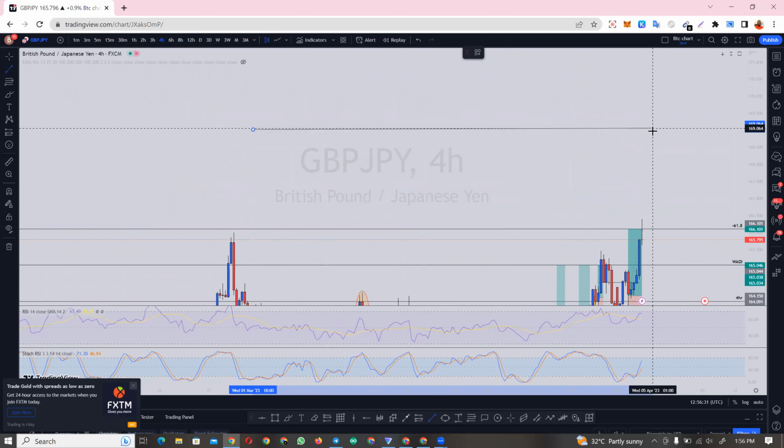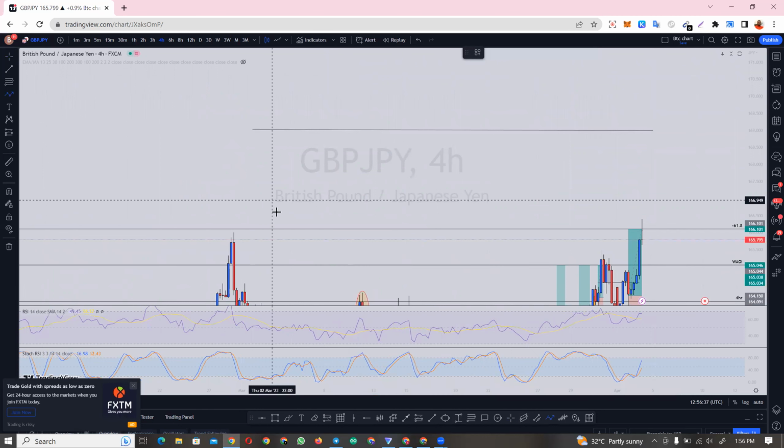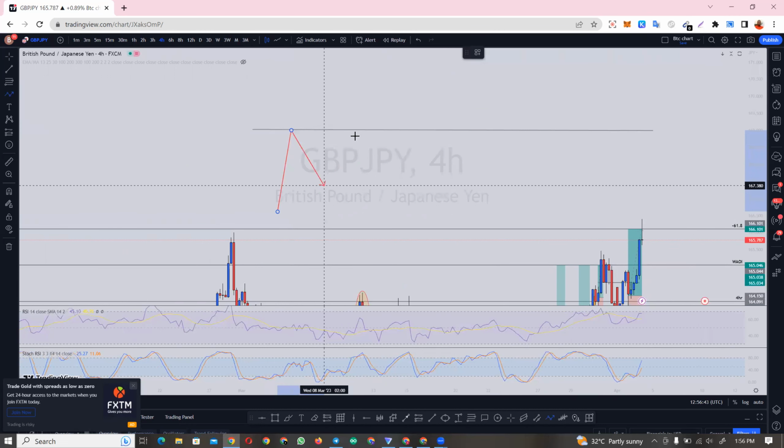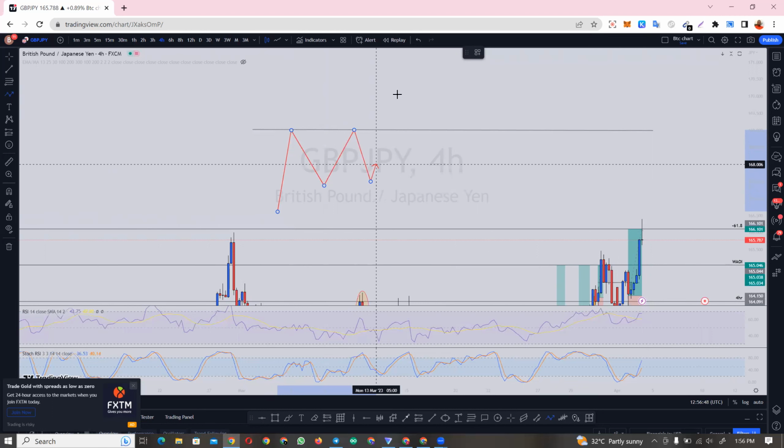Let's say this is a zone. I will wait for a valid zone: price came up there, rejected, came down, came up here again, rejected, then came down. Now price broke this particular area, then came down there.